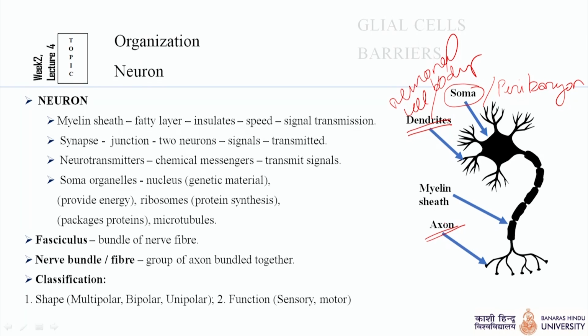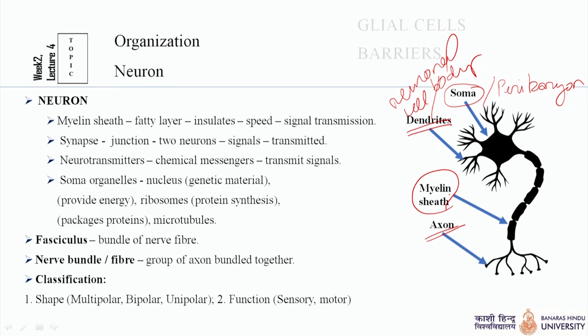Apart from these two, another important part in the nervous system is the myelin sheath. The cells responsible for the formation of the myelin sheath are Schwann cells in the peripheral nervous system, whereas oligodendrocytes in the central nervous system. This process is called myelination.